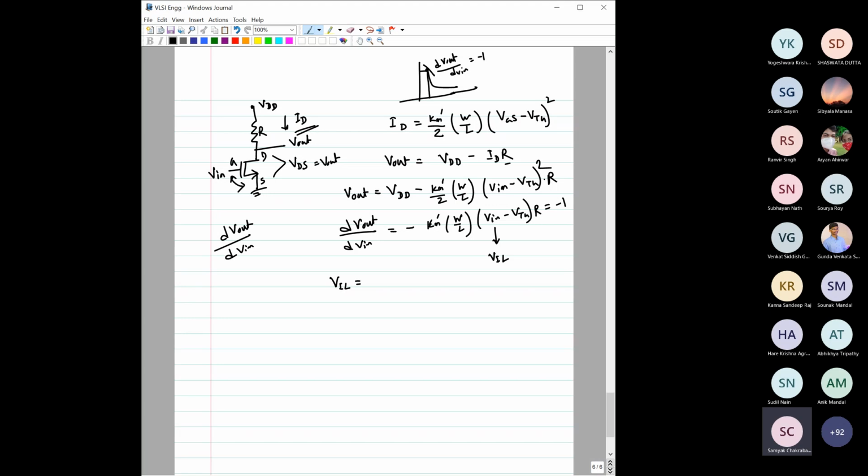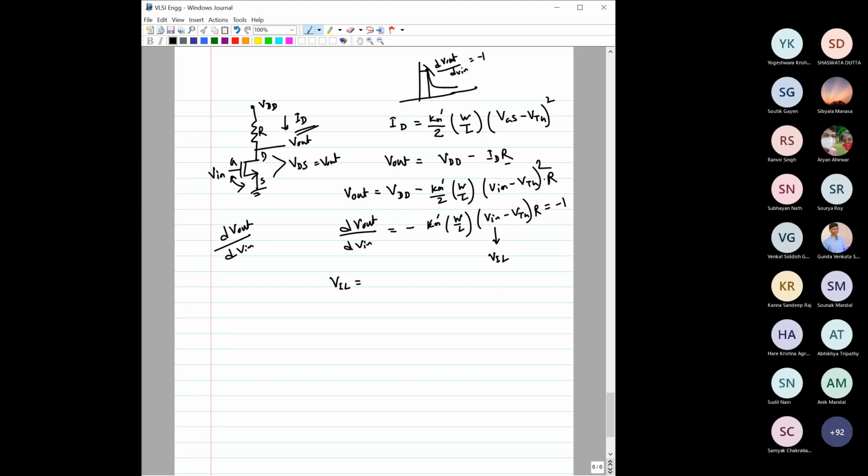So we can substitute that and write VDD minus VDD plus V in minus VTH by 2. Anyway, we need the VIL expression finally for NM. So we need VIL, right? So we have to keep this V in.